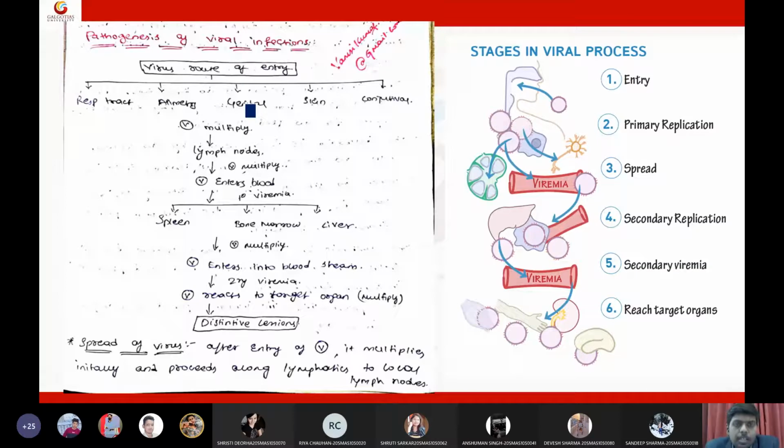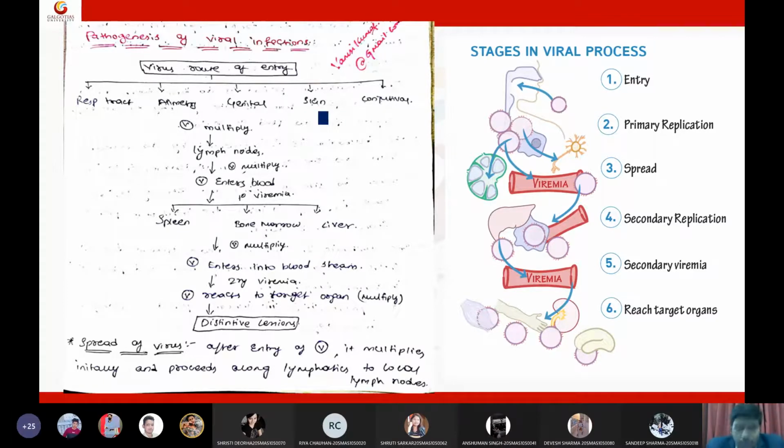Then smallpox, measles, mumps, such skin blister causing viruses will enter via skin, and conjunctiva. Other viruses like cytomegalovirus can also spread via the eyes. Just exposing our eyes to this virus can cause a viral infection. So these are the routes of entry of virus.